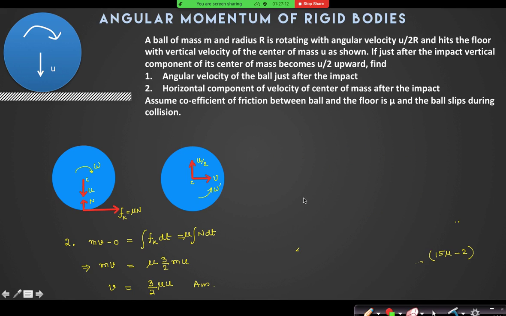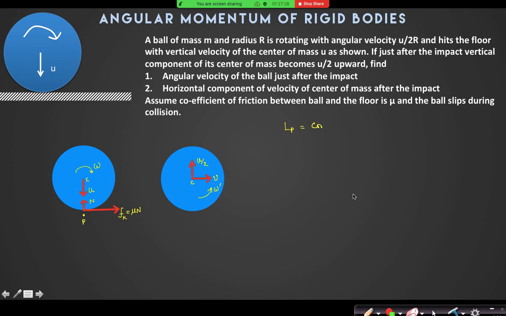You can also take the angular momentum about this point of contact. Just about this point, what was the angular momentum initially? Conserved, if I say, the initial angular momentum was I_C omega only, 2 by 5 mr square omega, yes or no? Yes, sir. Downward direction.